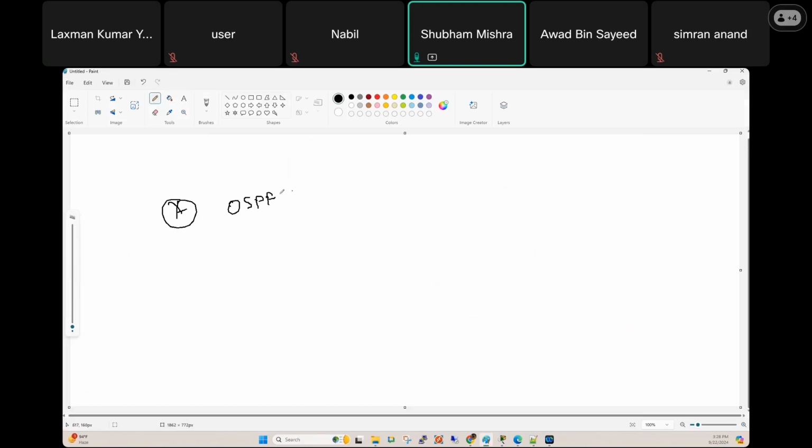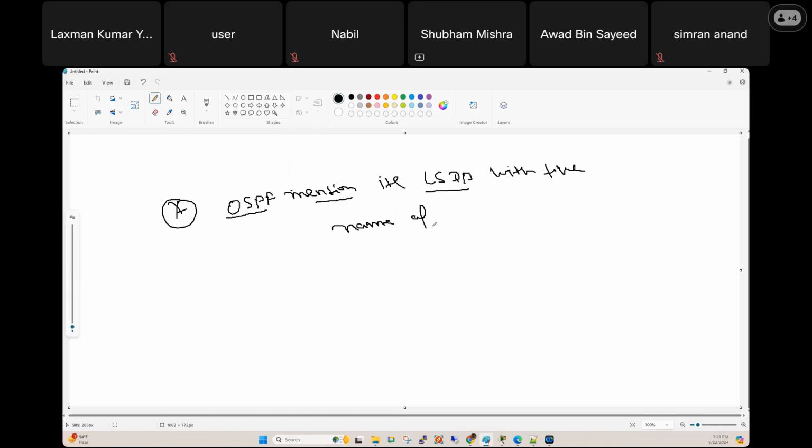OSPF mentions its LSDB with the name of router ID.